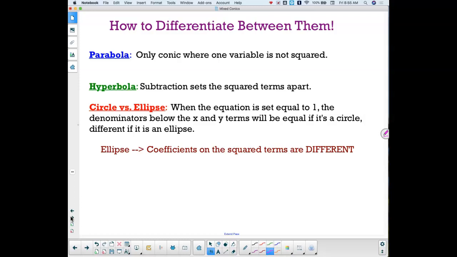Number of squared terms, subtraction sign, coefficients. Good?